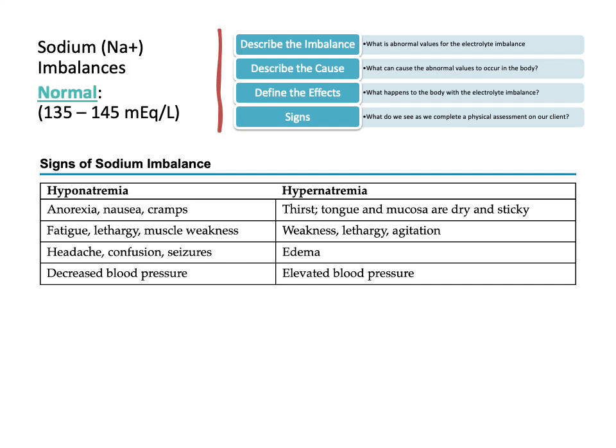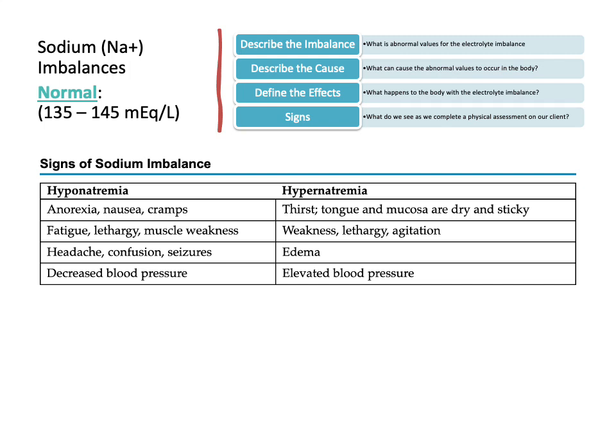And some of the causes are too much salt from the diet. You can have so much salt in the body that you're taking up what water excess you have. So that can be a large amount of sodium. Or it can be caused by the loss of water that is faster than the loss of sodium.